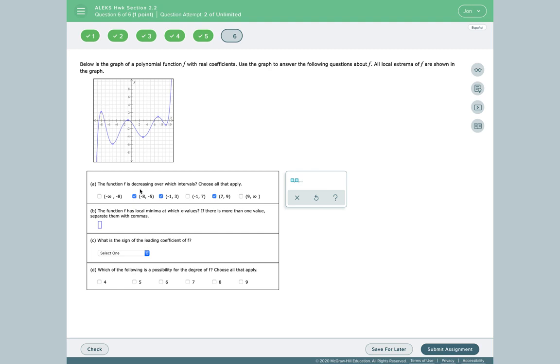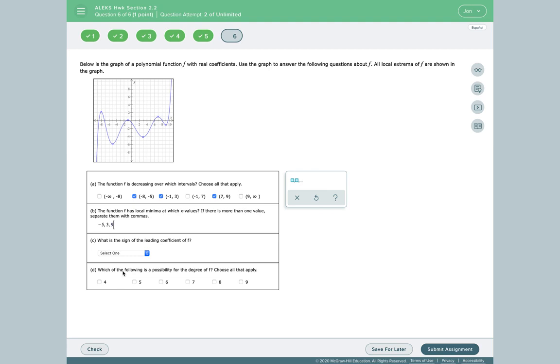In this particular case, where we have local minimum, it looks like we'll have at -5, also at 3, and also at 9. So I have -5, 3, and 9.